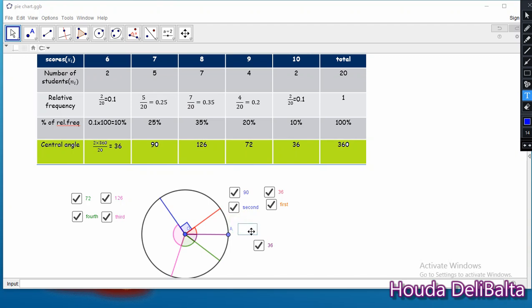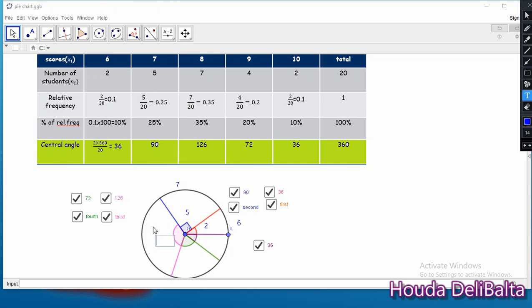For example, this piece here corresponds to the value or score 6, and the frequency inside corresponding to this value is 2. Because the question is to draw the frequency pie chart, I write the value outside and the frequency inside. Similarly for this one, the frequency is 5 and the value is 7.